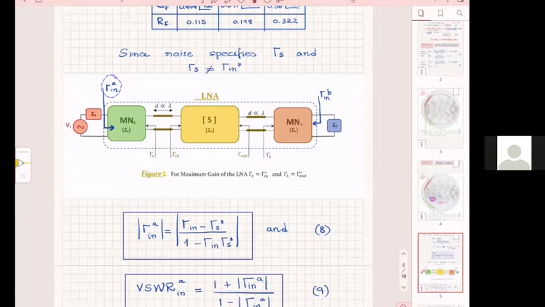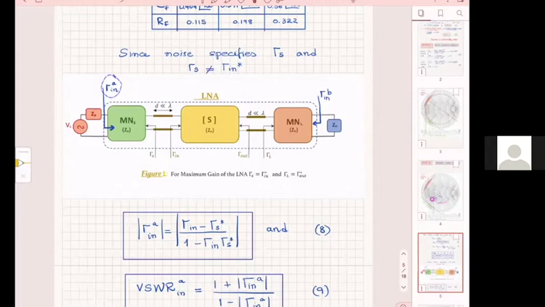We have already deviated from the optimal. The optimal would have been to match the input right after the source and the output right before the load in a complex conjugate way to the source and the load. Well, we are far away from that.